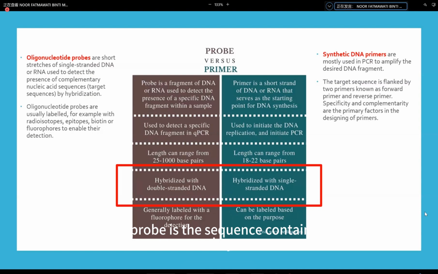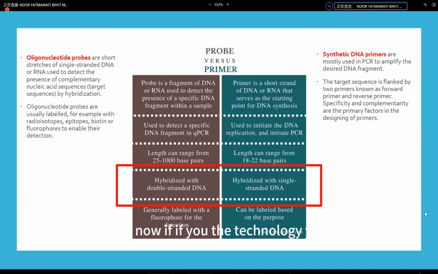An RNA probe is a sequence that contains uracil. Oh, okay. Everything is similar except that particular nucleotide is different. Because I thought in the normal qPCR workflow you have to convert the RNA into cDNA first, and then you use a DNA probe. Yeah.